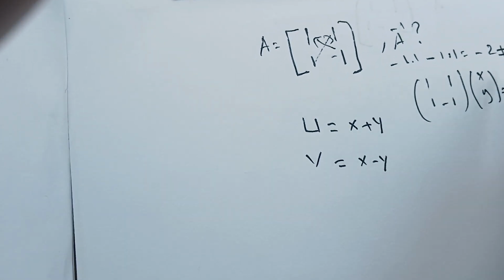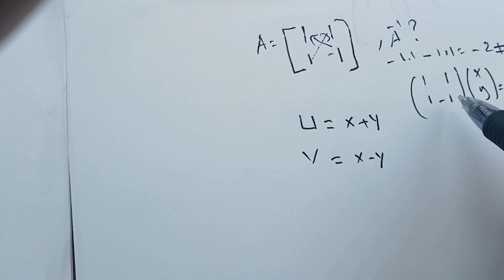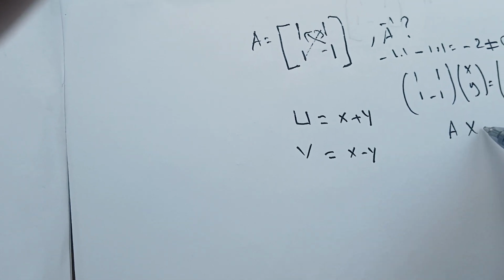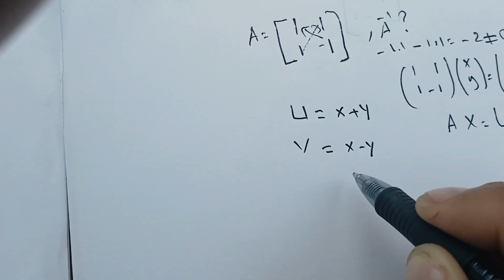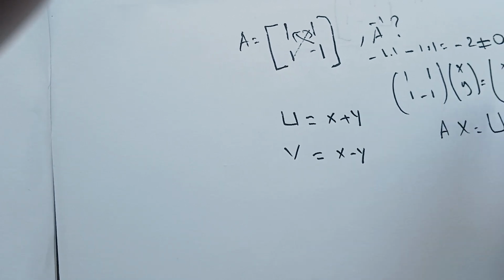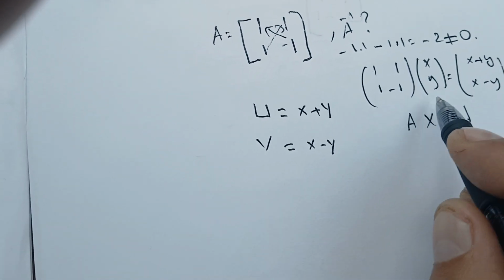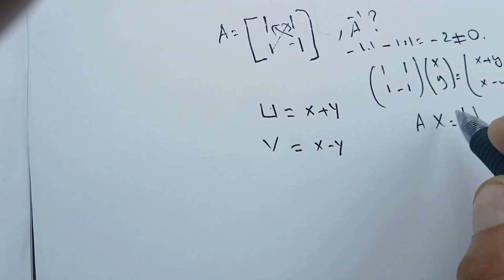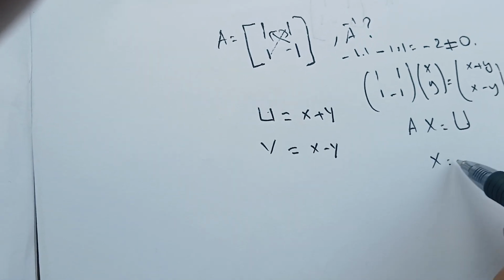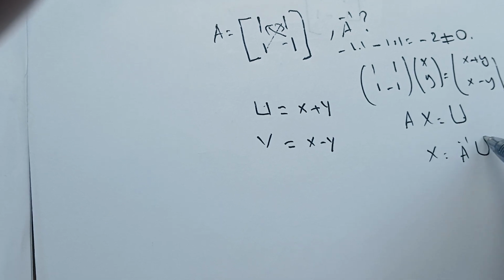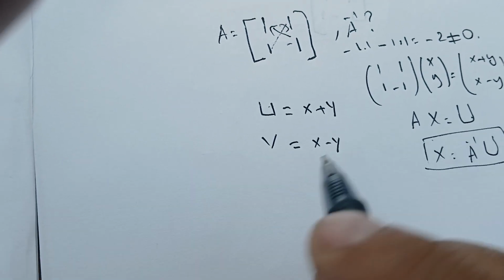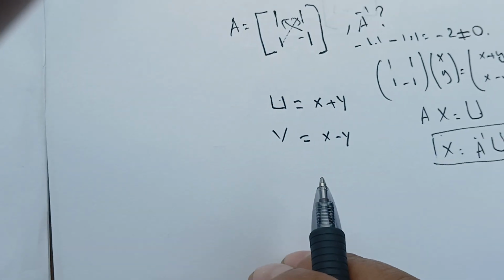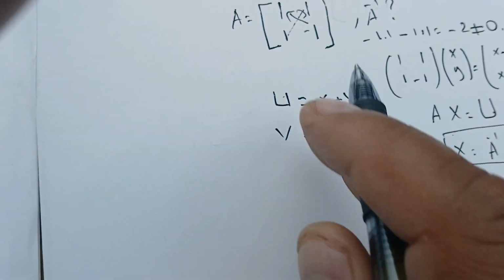Okay, so in a different way, we can write this as Ax equals u, with x having components x, y and u having components u, v. So we want to write x as A inverse u. Okay, the quickest way to do this is we can add u and v.